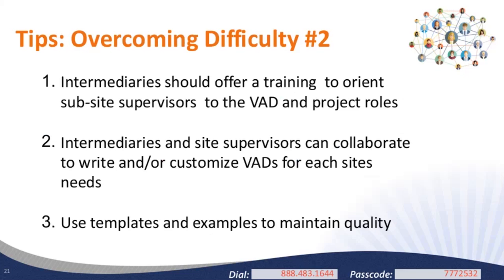So for example, you want to share maybe some of the VAD resources that are available on the VISTA campus and do a walkthrough with them as a team. And of course, we have some tools that we've developed for you that outline the various resources that are available on the VISTA campus. And also we have a template that you can build your VAD agenda for training your sites about the VAD.